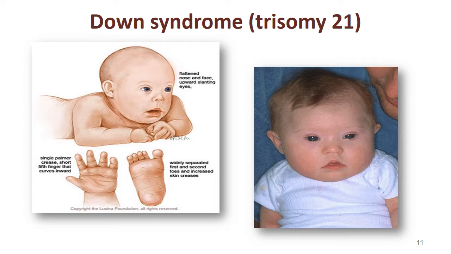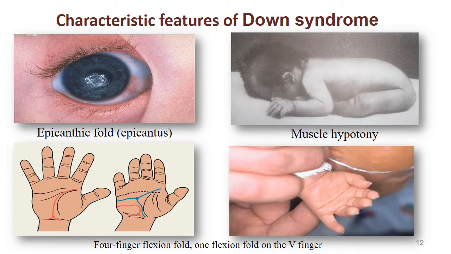Patients are often sexually underdeveloped and sterile, and usually some degree of mental retardation is present. Down syndrome is correlated with the age of the mother, but can also be the result of non-disjunction of the father's chromosome 21. Here you see some characteristic features of Down syndrome.